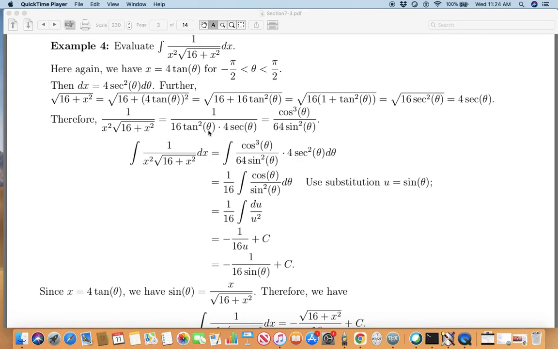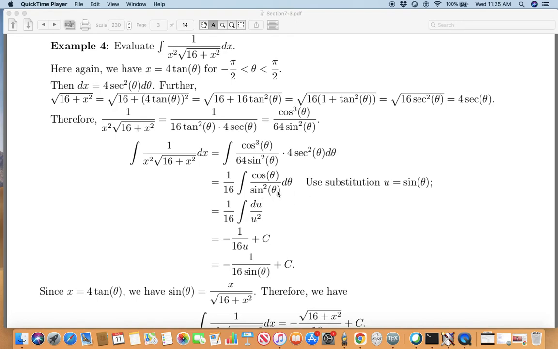And when you simplify it, rewrite it in terms of sine and cosine, you get this quantity. dx, on the other hand, is 4 secant squared theta. Okay? So 4 secant squared theta. So again, secant is 1 over cosine, so right over there, that cancels.